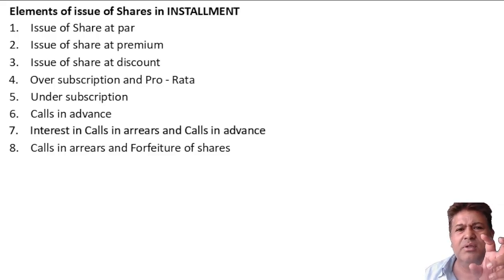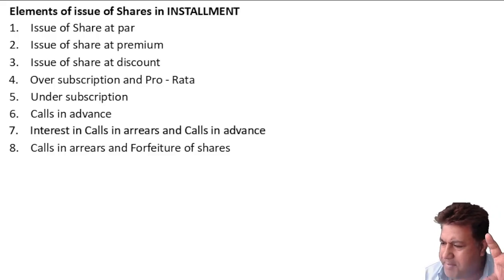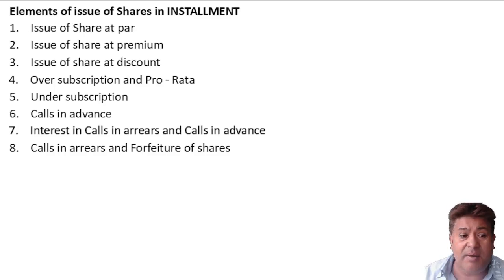Now let me give you a simple concept of calls in arrears. For example, let's say you have applied for the shares and given the application, but you didn't go for the allotment or the first call and final call. Then what will the company do? The company will forfeit those shares. Forfeit means the money you have paid will be captured by the company.